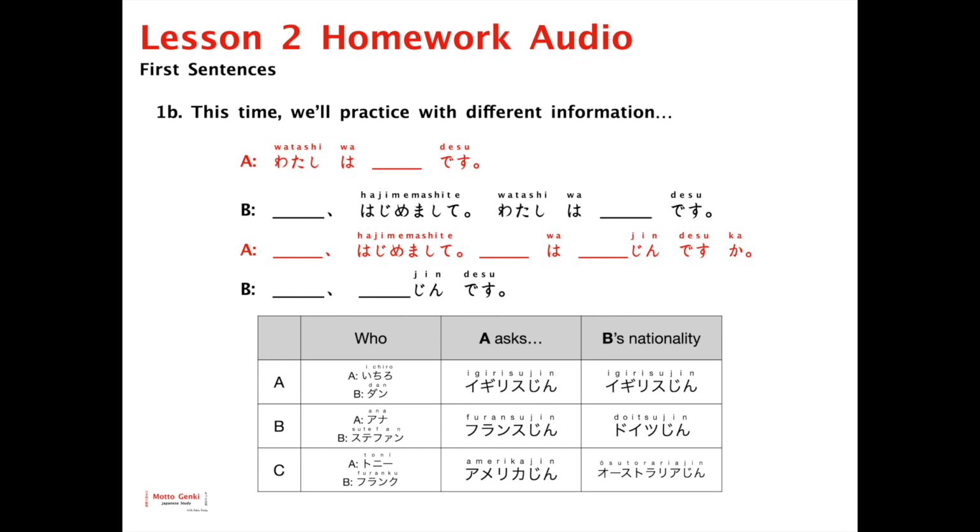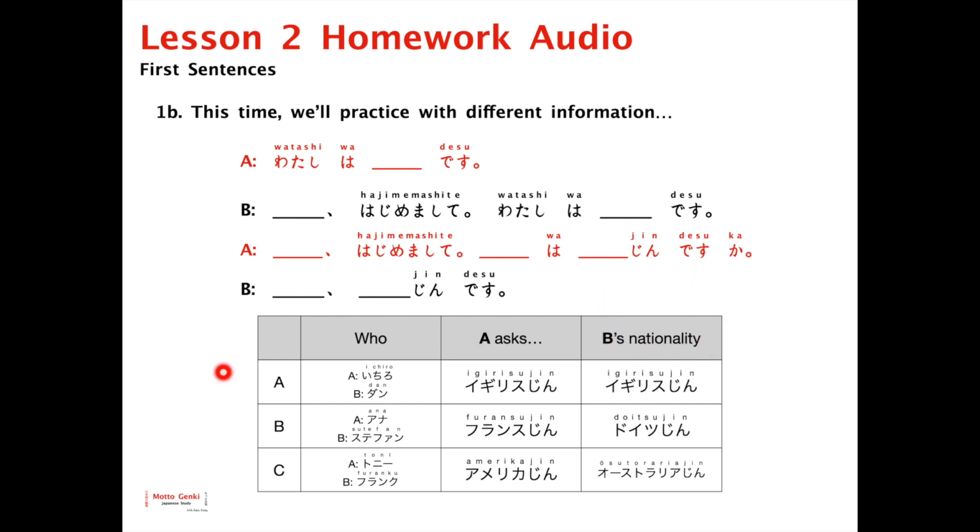So in 1B, we will go through this table and the dialogue together, and we can fill in the blanks. So in this table, here we have who each person is, what A asks B, and what B's nationality is.